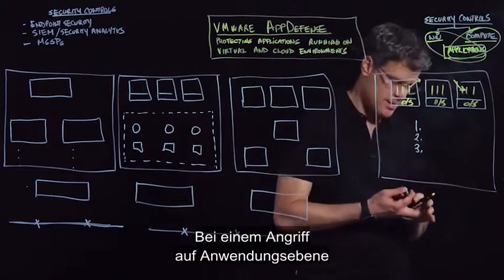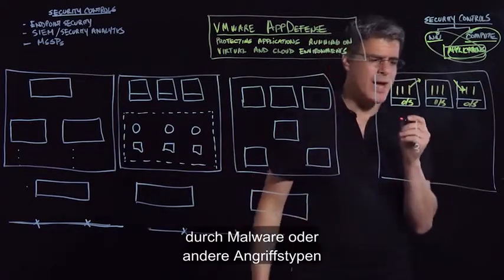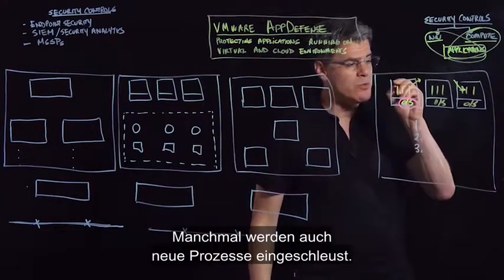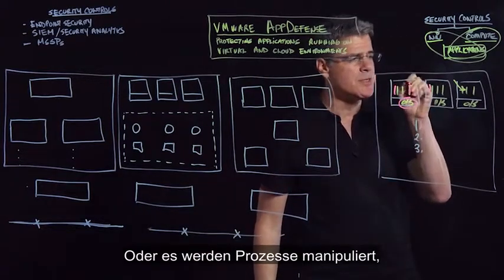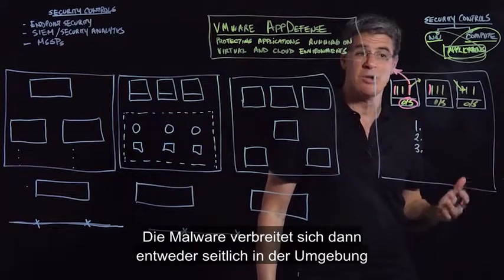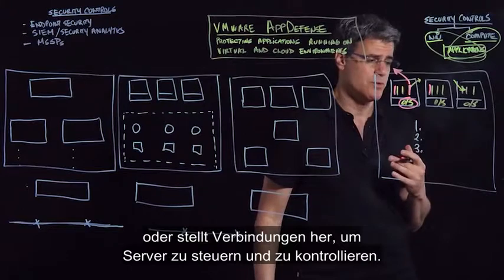When you're attacked at the application level, malware or other types of attacks, what happens is very often they're attacking the operating system, or they're introducing new processes, or they're manipulating processes so that they're communicating to other things, either to spread through the environment and move laterally, or to connect and communicate to command and control servers.